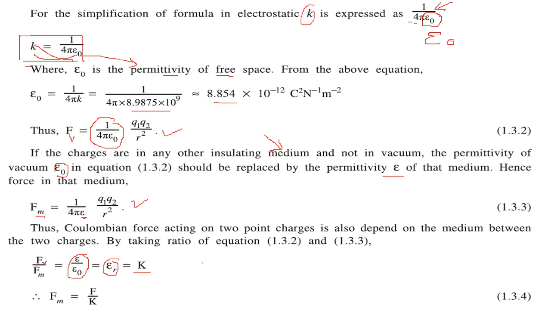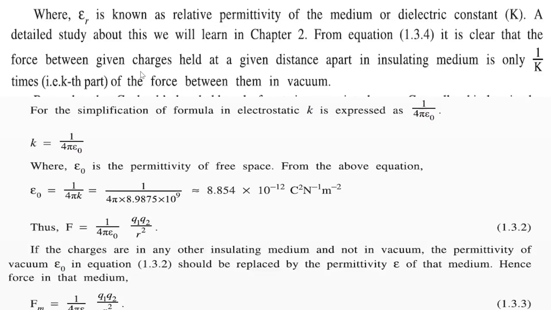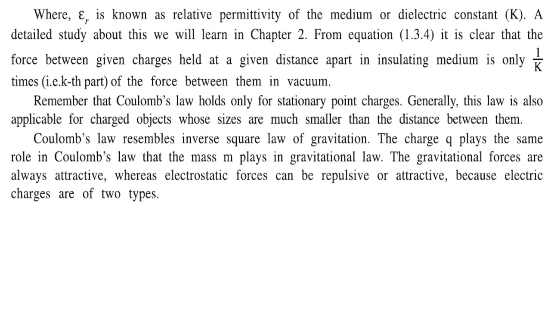If you want to find the electrostatic force in any medium, you just have to divide F by K. F is the electrostatic force in vacuum between these two charges, and epsilon r is the relative permittivity.